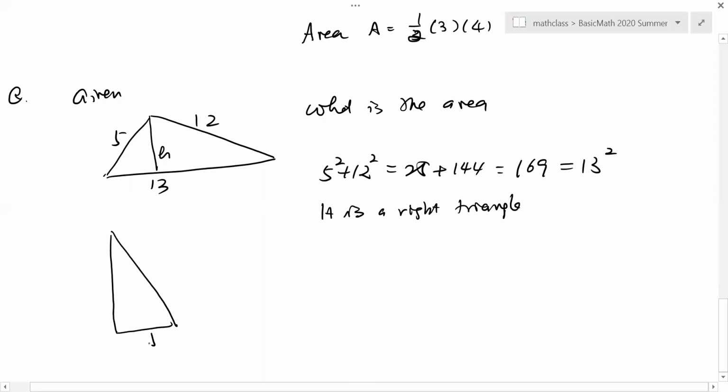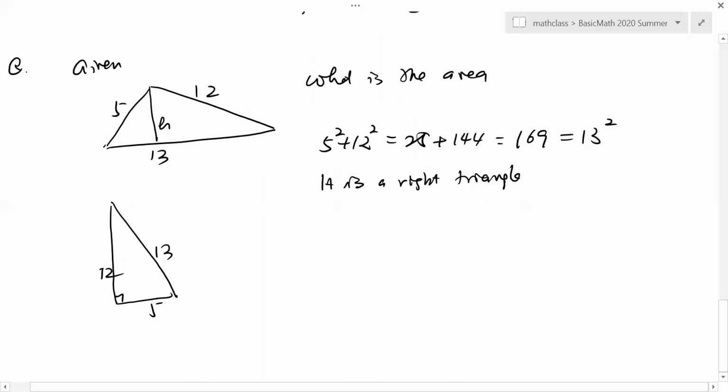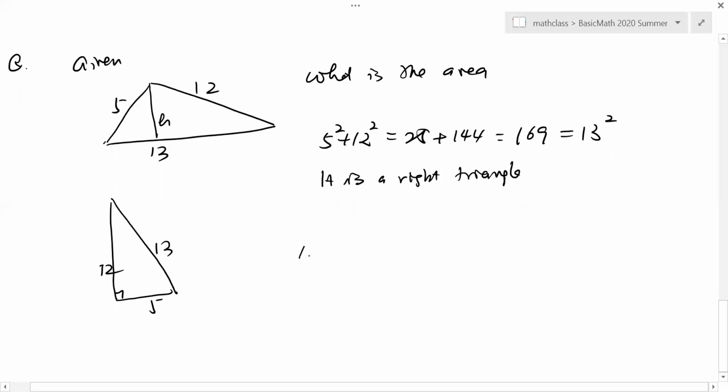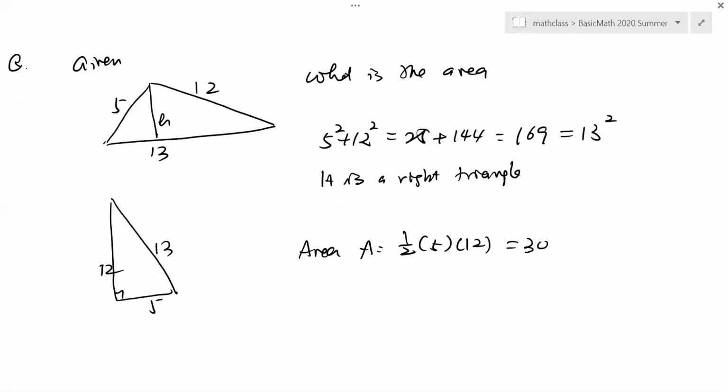Here's a 5, here's 12, here's 13. So this is the right angle. Therefore, the area is going to be 5 times 12 divided by 2, which is 30, not 60. Right, divided by 2. So this is a special triangle. We know it's a right triangle.